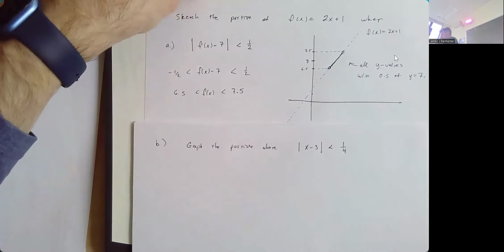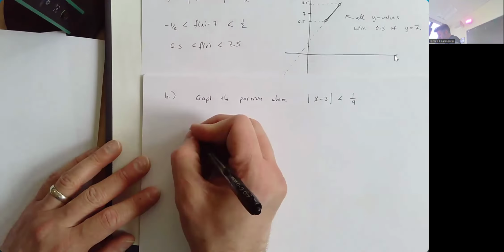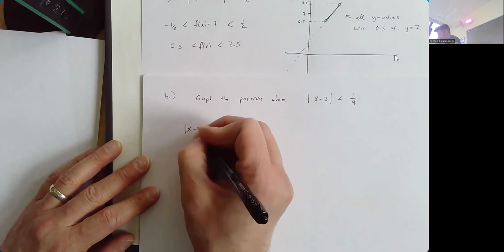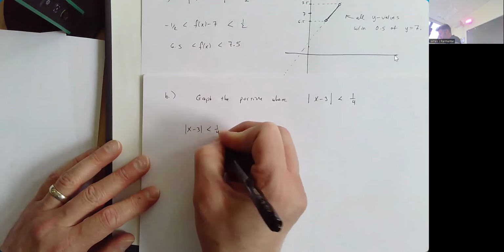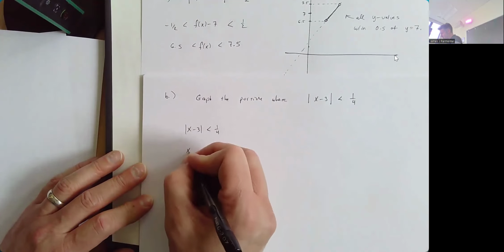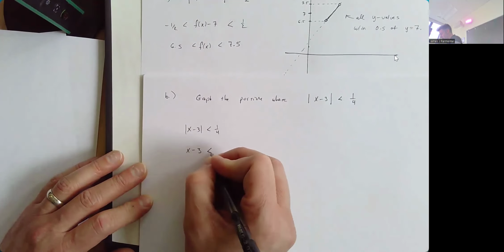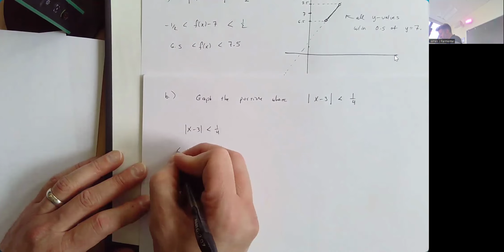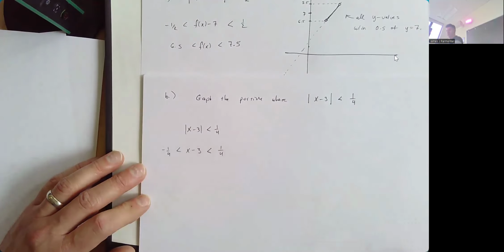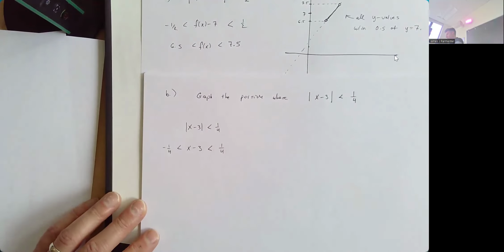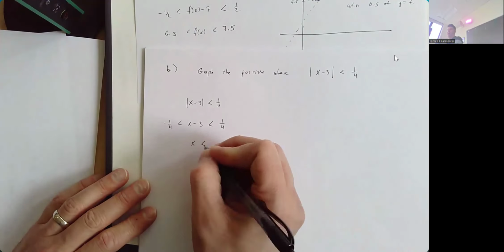We're going to say that absolute value of x minus 3 less than 1/4. You can rewrite that as x minus 3 being between 1/4 and negative 1/4. And if I add 3 to all sides, I'm going to get x between, I could write 3 plus 1/4, or I could write 13/4.